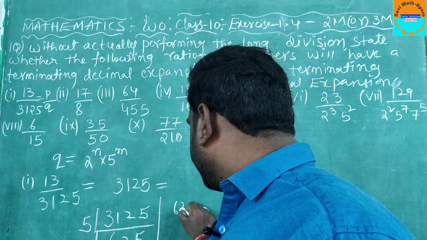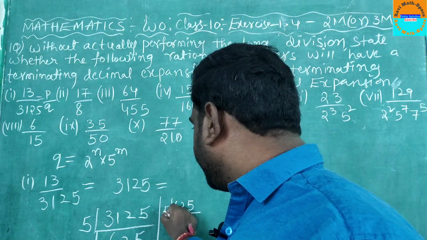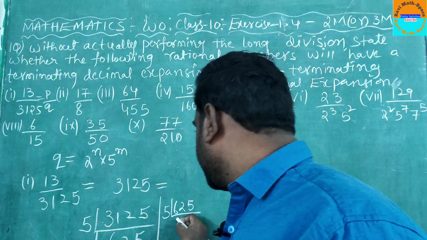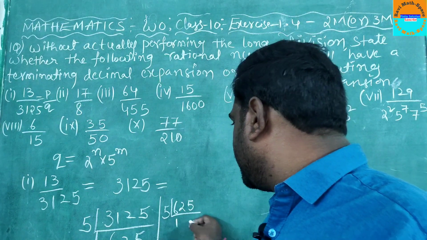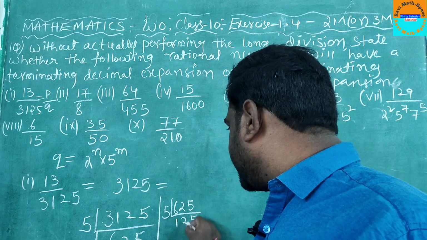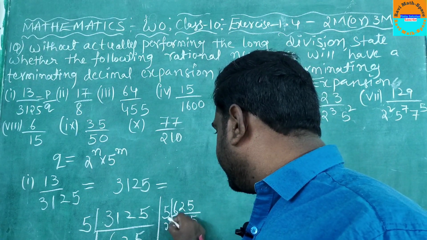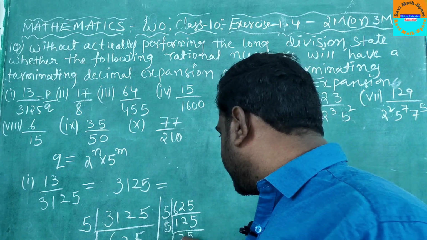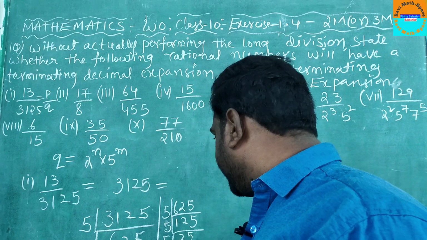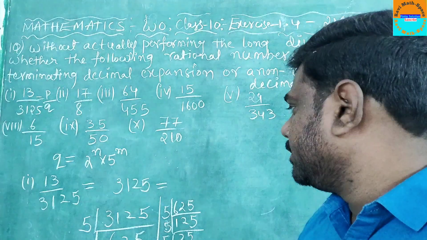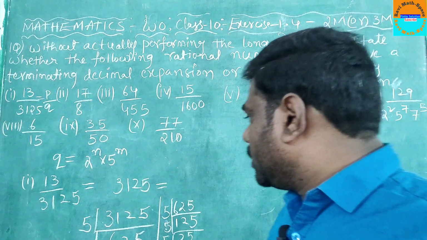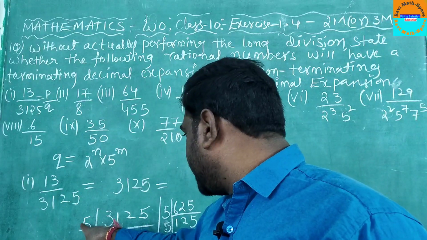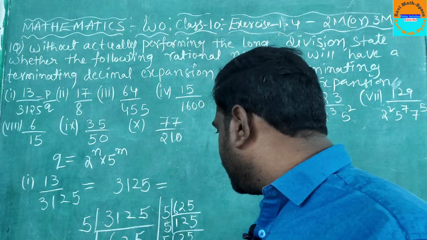Again 625 divided by 5: 5 ones, 5 twos, 5 fives. Again with 5, we get 25, which is 5 fives. So how many 5s came here in total? 1, 2, 3, 4, 5.